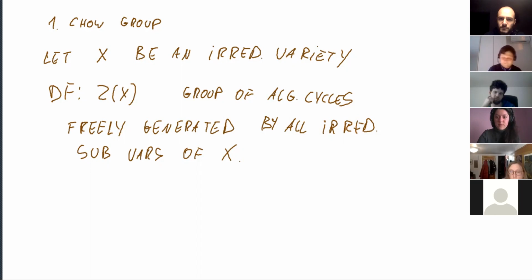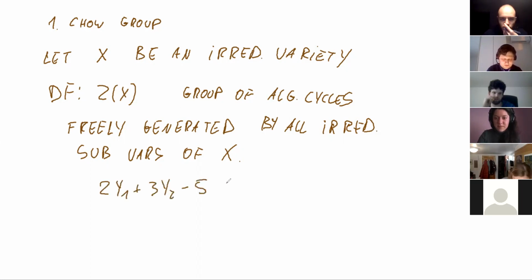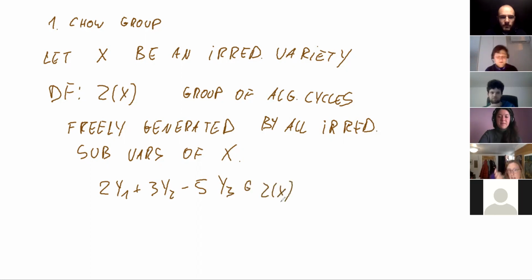So a sum of these is a formal sum of something like 2y1 plus 3y2 minus 5y3. All of those y1, y2, y3 have to be irreducible, but they can be of different dimensions. This is an example of an element. And now we are disregarding dimensions and codimensions. Currently, yes. We will get back to that soon.